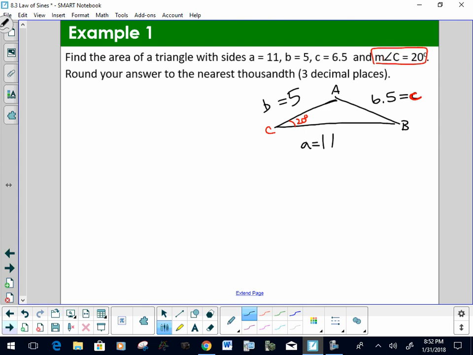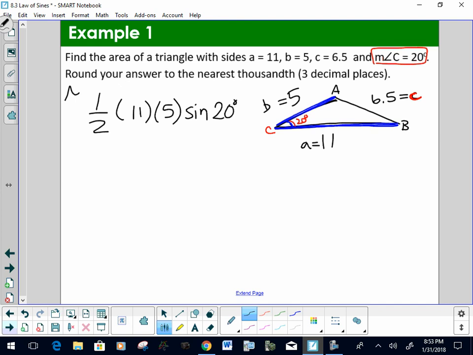So if I want to know the area, I'm going to use the area formula, 1/2. And then we multiply two sides together by the sine of the angle in between. Because of our setup, the only angle we know is angle C, so we're just going to use side B and side A. We won't use side C at all for this problem because the angle that we know is between side A and side B. So it'll be 1/2 of 11 times 5 times the sine of 20 degrees.